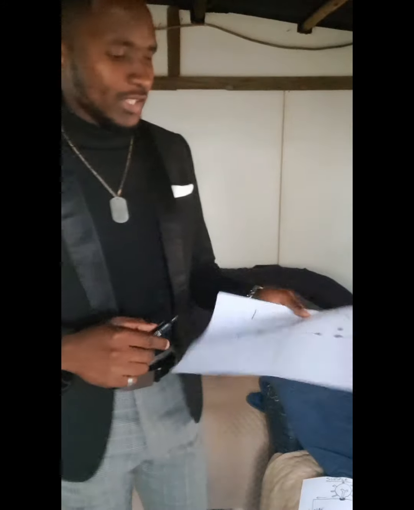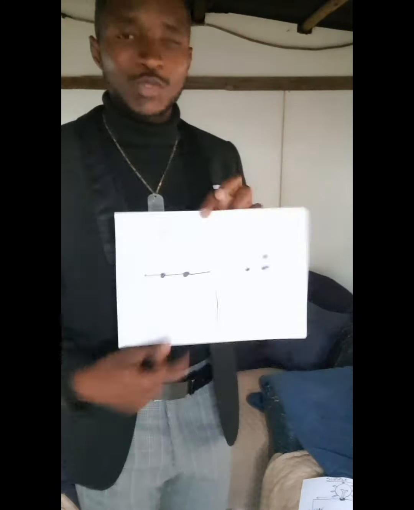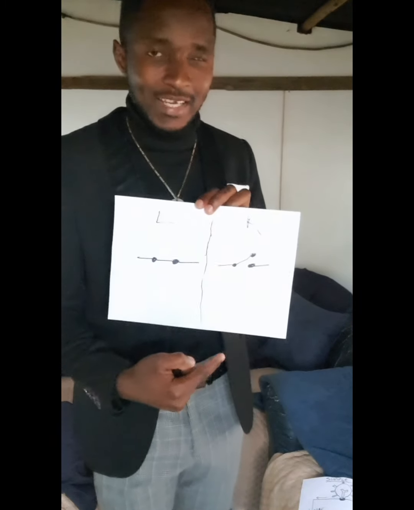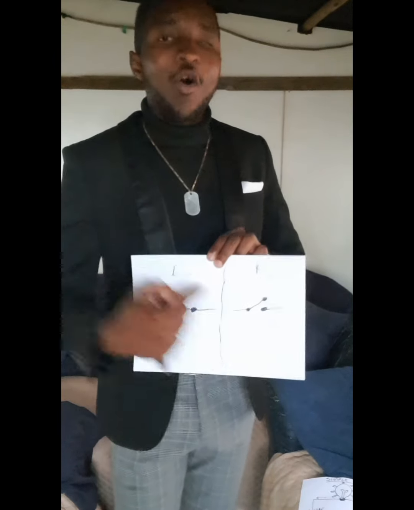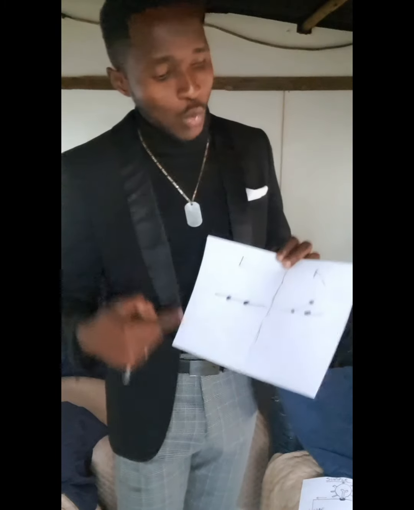So the difference between these two switches is that in a closed switch, current is able to pass through the circuit. However, an open switch results in an open circuit, stopping the flow of current. So the current will no longer flow due to what? Due to the switch being open.